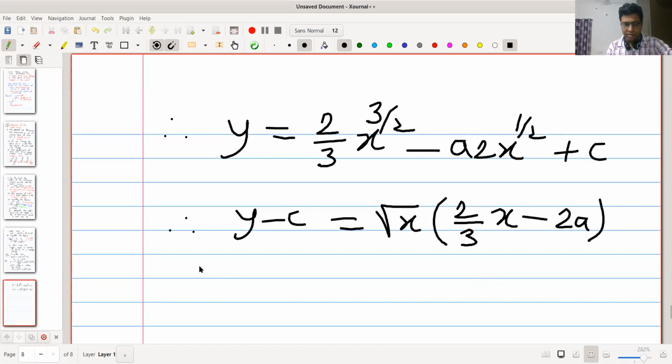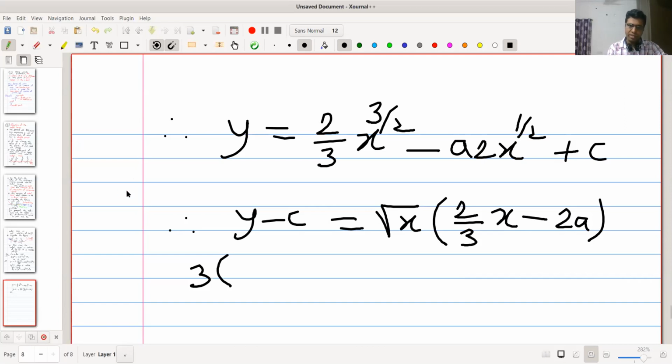We are trying to simplify this. We want to remove this square root sign, because the general solution we are writing as phi of x comma y comma c. Square root x, x raised to 3 by 2, such terms will not be there in general solution. So we try to simplify.